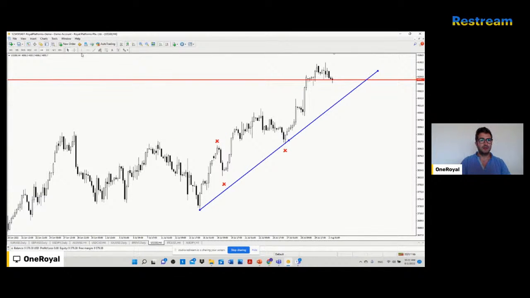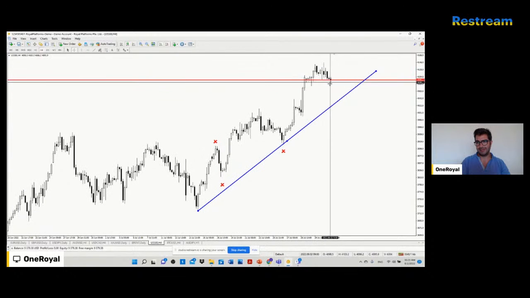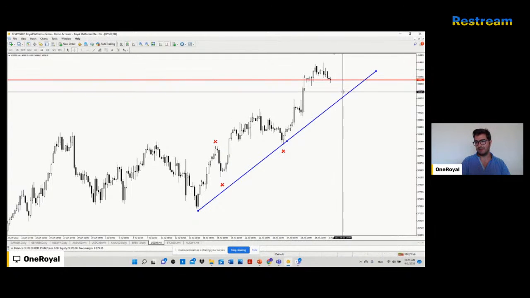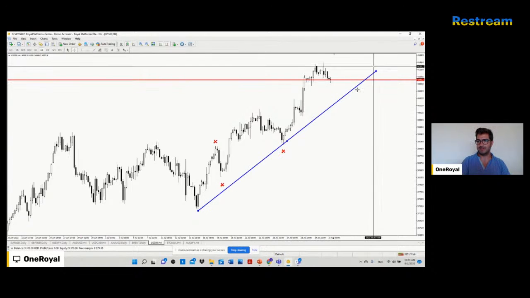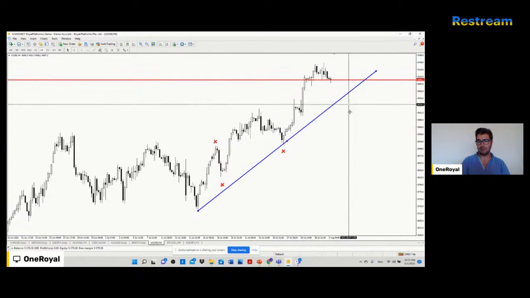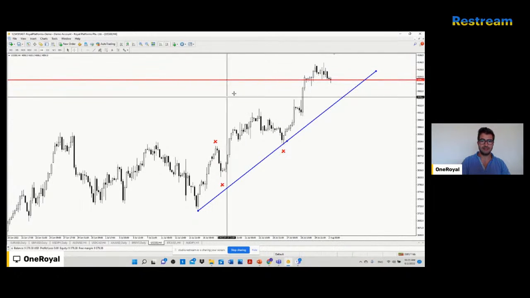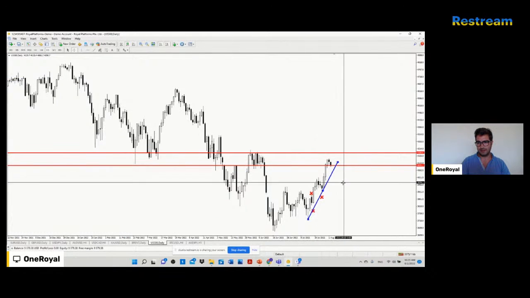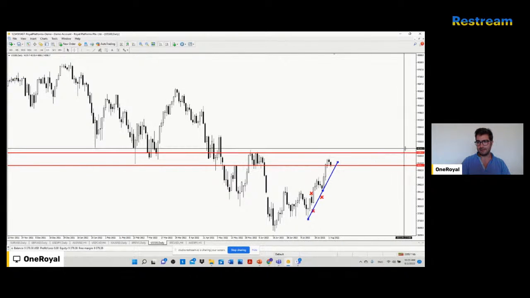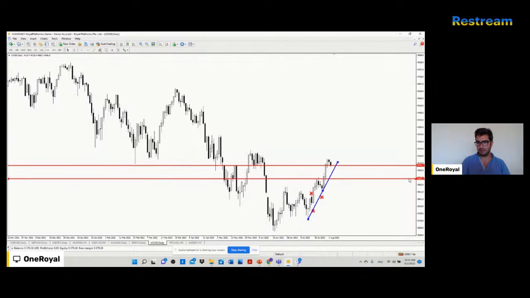Okay, so if the market already started to post lower high and a potential lower low, it's not yet completed, but if we see a series of at least 2 lower highs and 2 lower lows and a break of this structure, I will try to short this asset. So the ideal level to short this asset would be here.